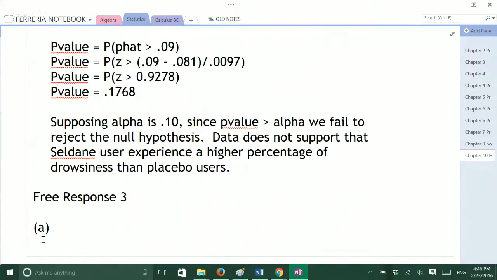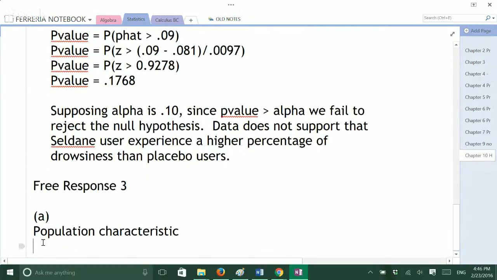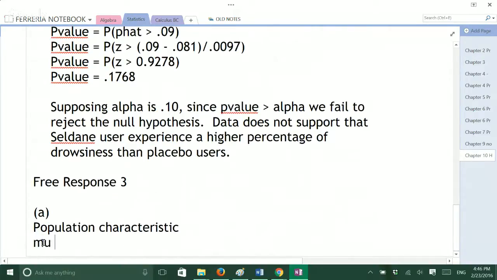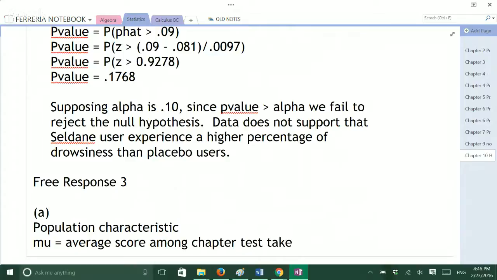So what is our population characteristic? Our population characteristic is mu, the average among chapter 12 test takers in AP Stats.